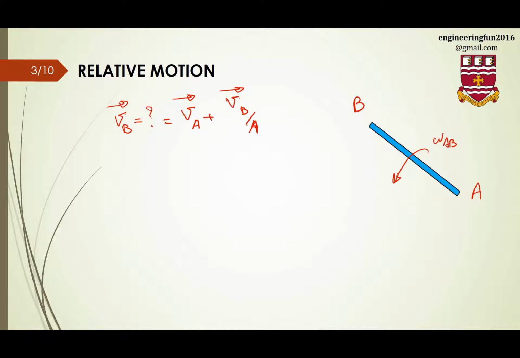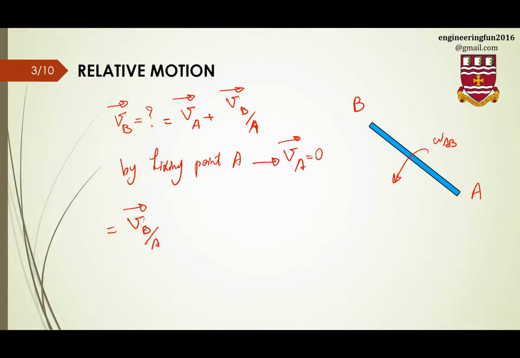So velocity for point B is velocity of point A plus velocity of point B with respect to A. If I fix point A, this means that by fixing point A, the velocity of point A is 0. So what remains is velocity of B with respect to A.